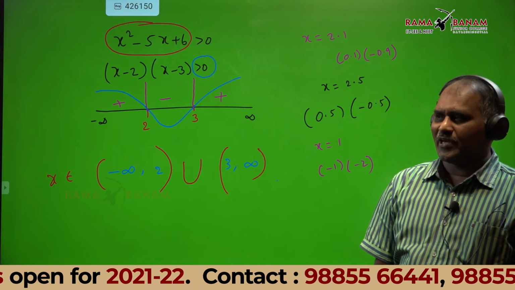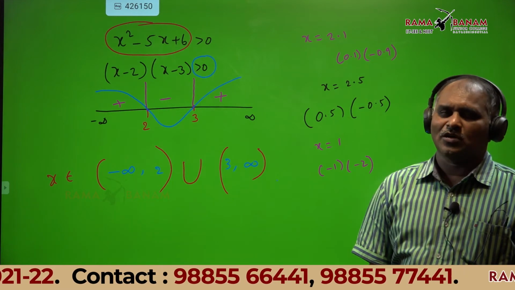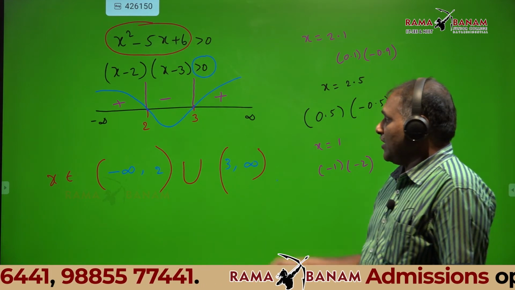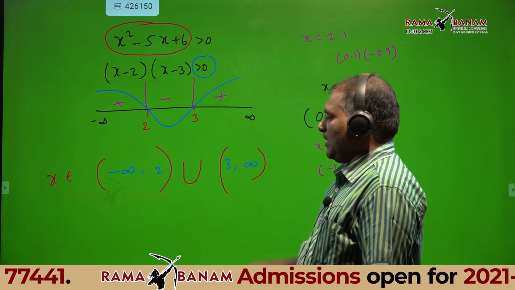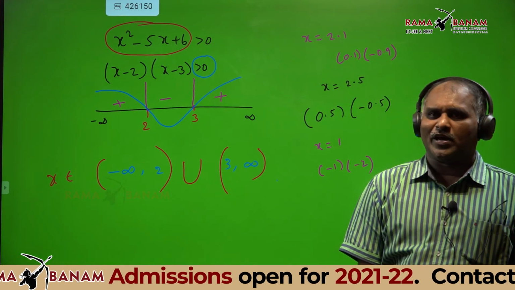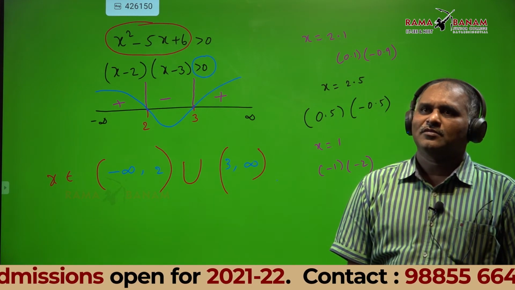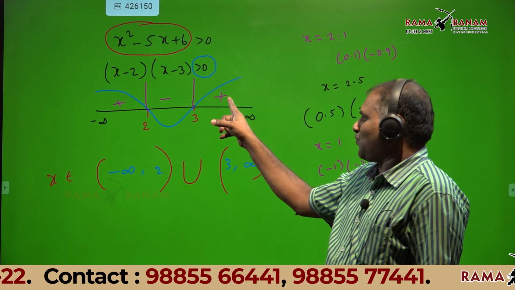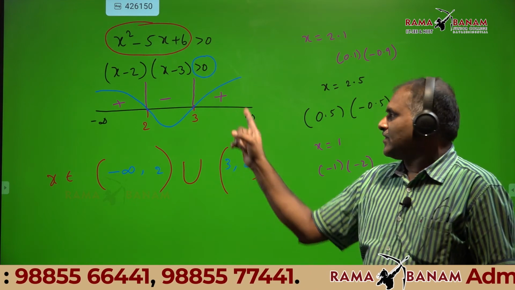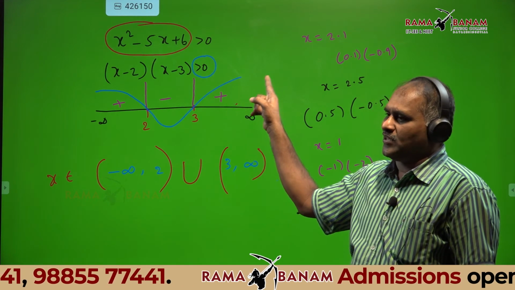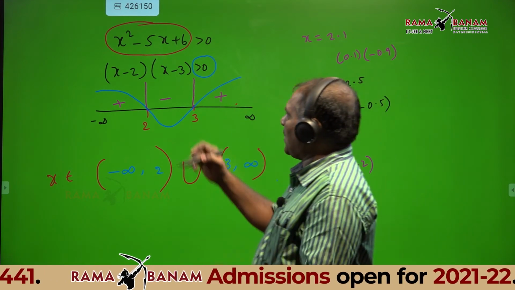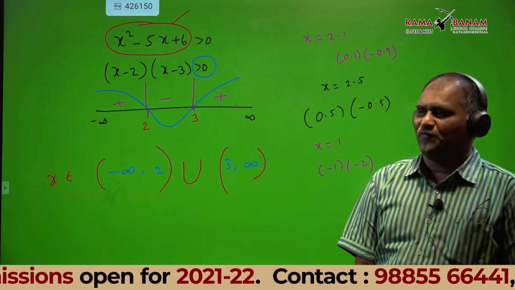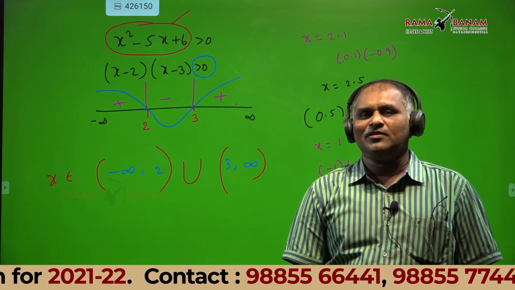Copy it quickly, I can explain one more. Here, in 3 to infinity, all values are positive. That positive sign represents the function sign in between 3 to infinity.